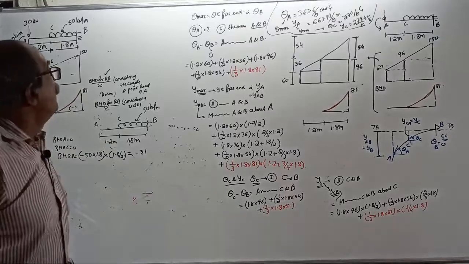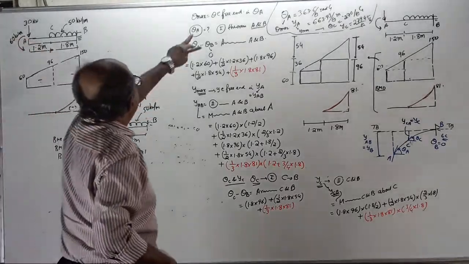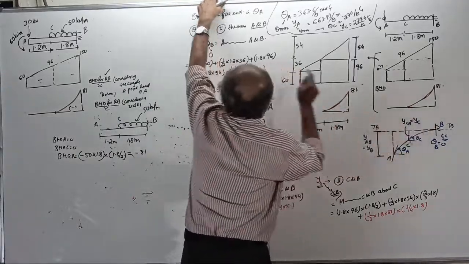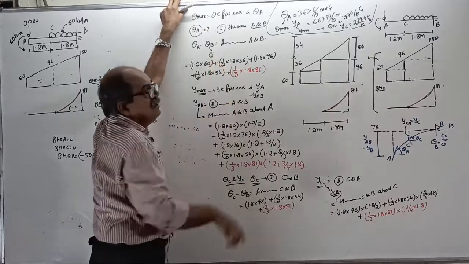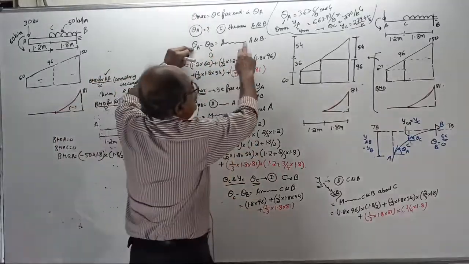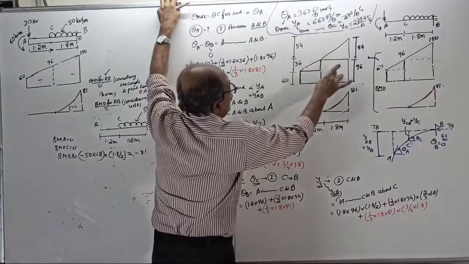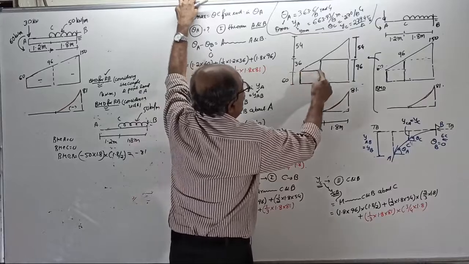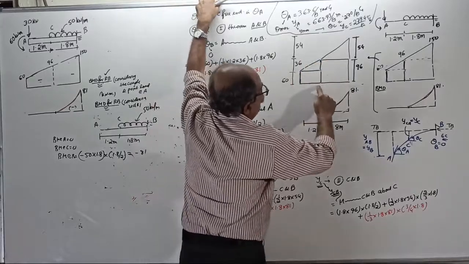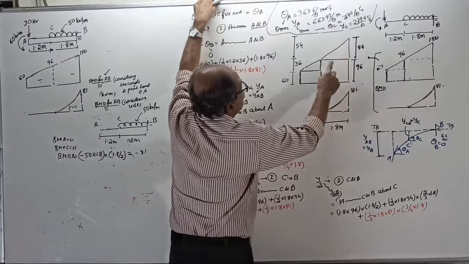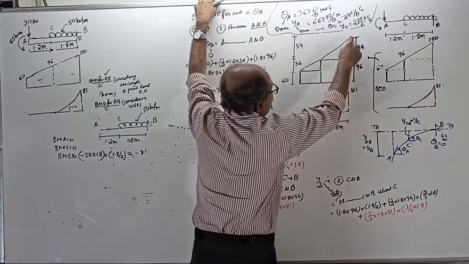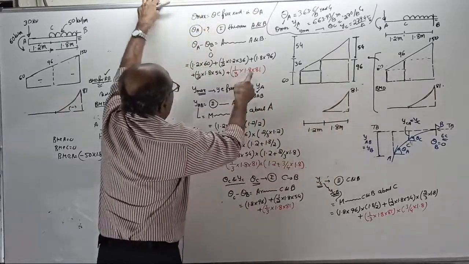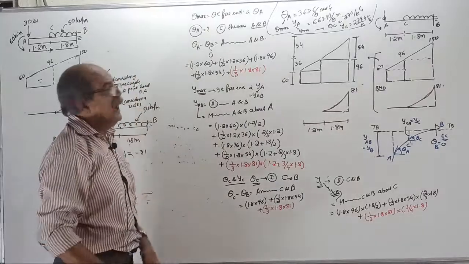Moment area method: theta max is theta A. Apply the first theorem from A to B. Theta A minus theta B equals the area of the BM by EI diagram between A and B, which equals, if I divide like this, 1.2 into 60, plus half into 1.2 into 36, plus 1.8 into 96, plus half into 1.8 into 54, plus 1/3 of 1.8 into 81. Calculate and tell the answer fast.